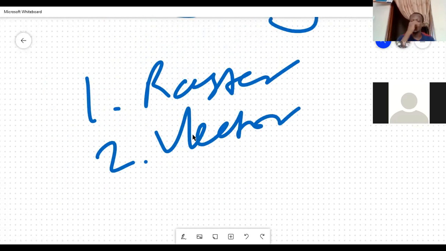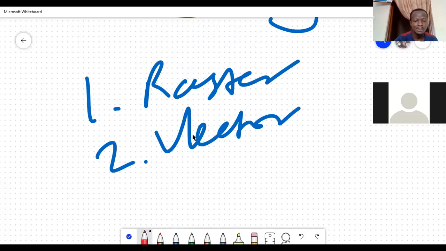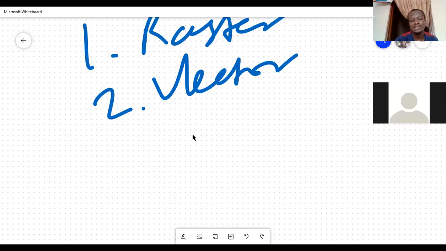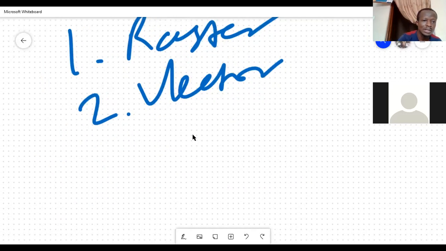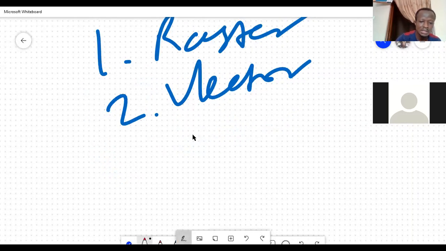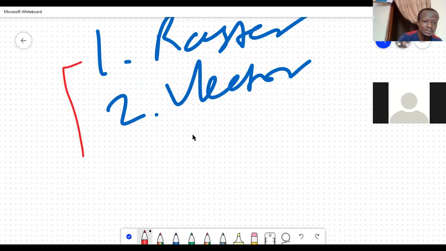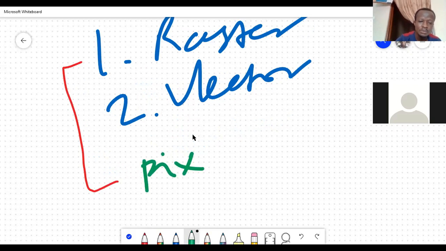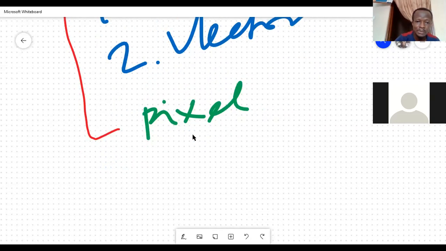Okay, so what is the raster data model? What is it about? Without even referring to the slide, I just want you to know that it touches on a picture. Think about a picture. Are you okay? So pictures are an example of an implementation of the raster model.